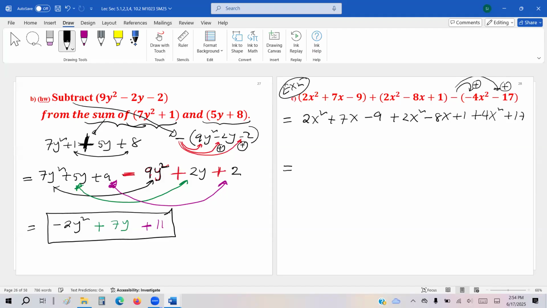And now comes the like terms. What like terms do you have? Eight x squared. And then negative 1x; the 1 can be invisible.